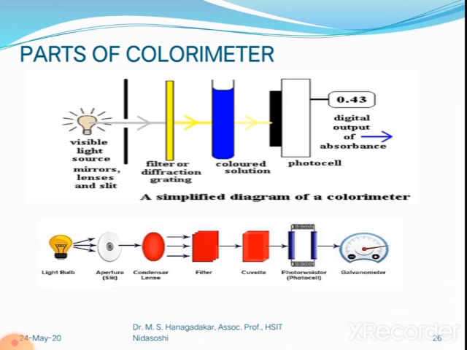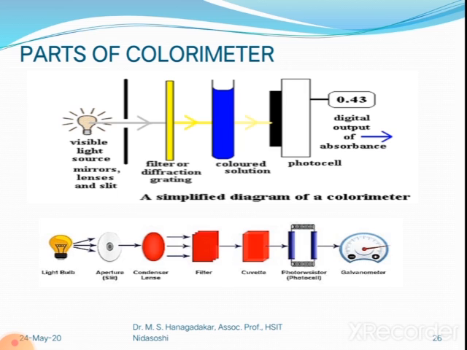The first one is the source of light, the second is the filter, the third is the sample holder or sample cell, the fourth is the photo cell or photo detector, and the fifth is the display system, also known as the galvanometer. Let us briefly go through these individual components and their importance.